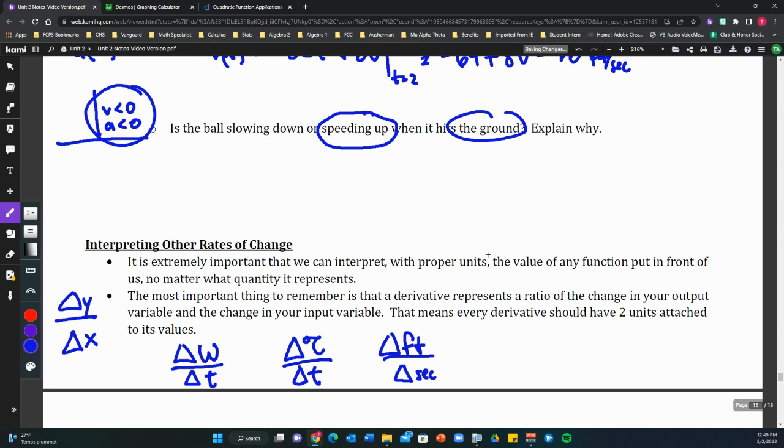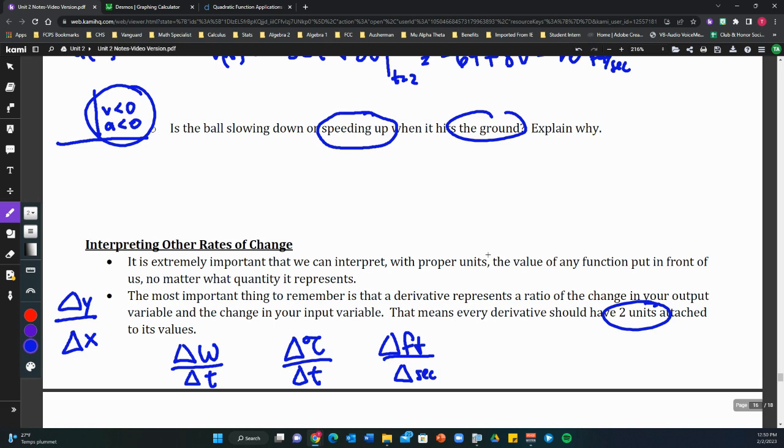Whatever those units are, it's really important that you keep in mind that every derivative's value is a ratio of those two quantities. So every single one of your derivative values from now on, when we're looking at real-world problems, should have two units attached to it. The units for our output variable of f, or our original function, over the units for our input variable on bottom.